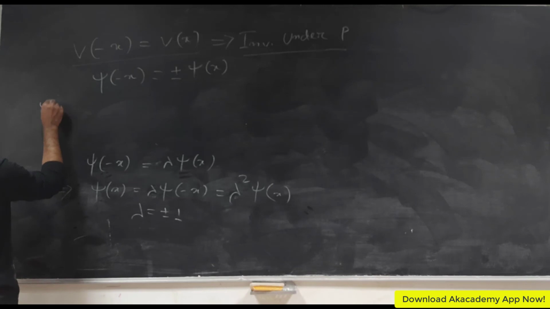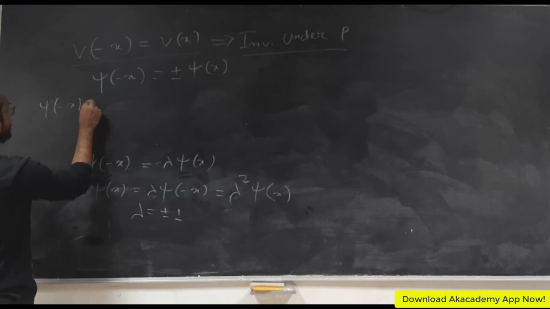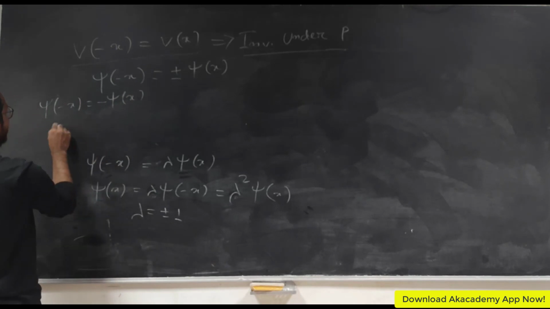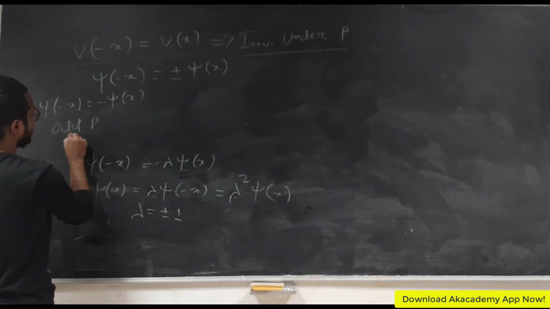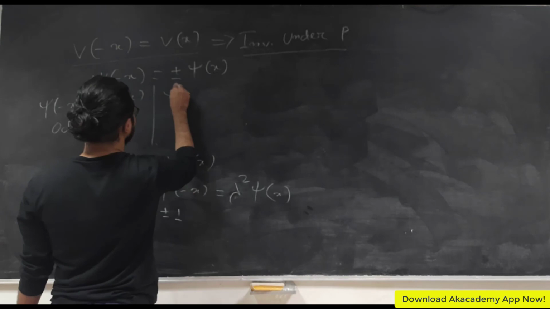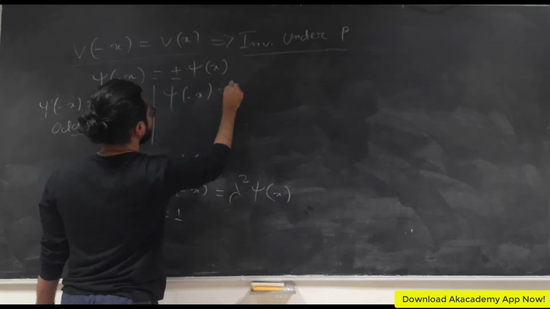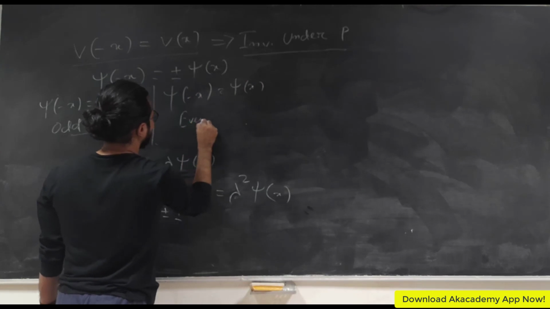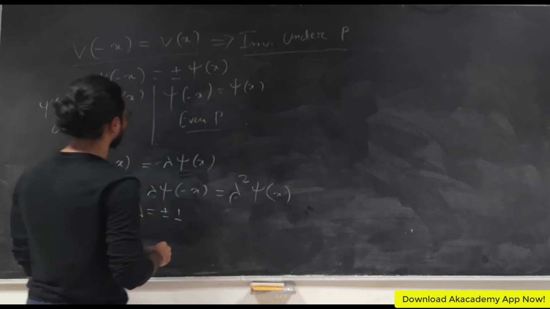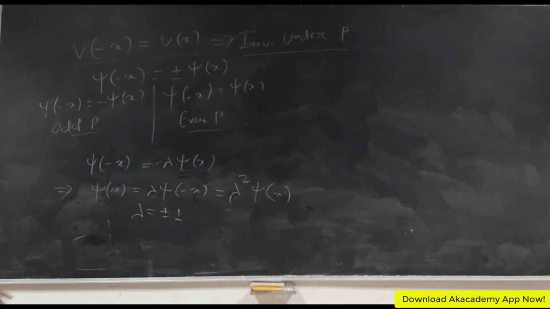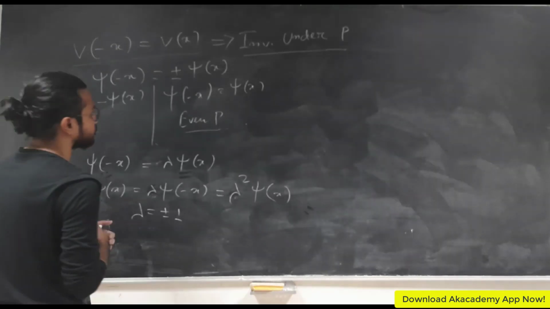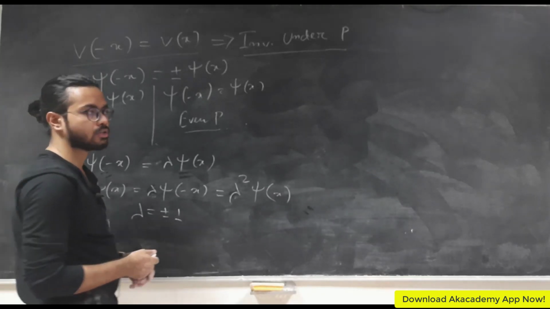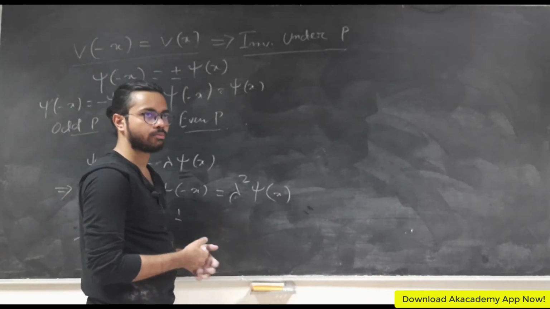For psi of minus x equal to minus psi of x, we say that this is odd parity. And for psi of minus x equal to psi of x, we say it's even parity. We'll see how these concepts will ease our tasks very much in the future when we actually solve the Schrodinger equation for a particular potential.